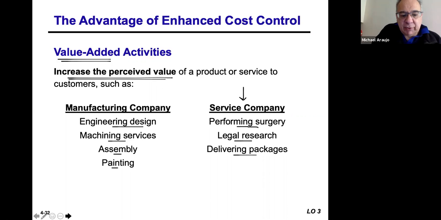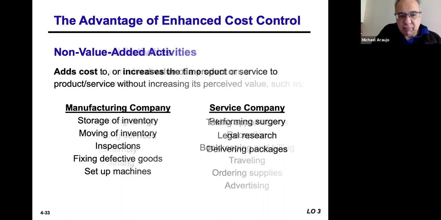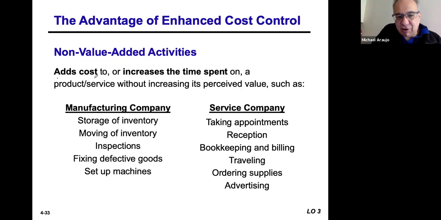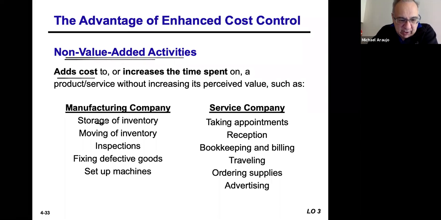However, there are also things that businesses do that adds cost to the product, but adds really no value to the public or to customers that you're doing it. So for example, in a manufacturing company, you got to store inventory, right? You got to do inspections of inventory. You got to set up machinery.